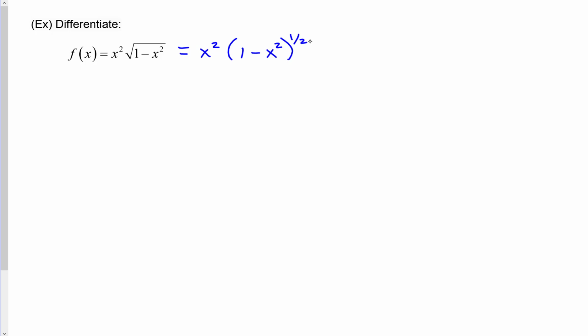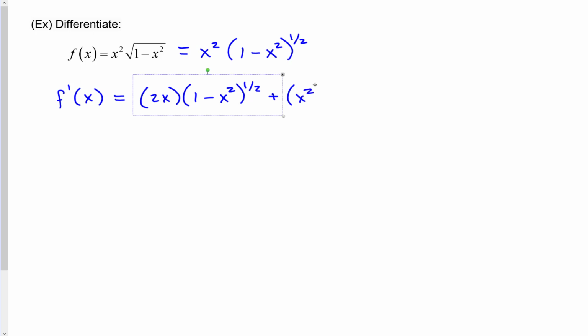Well, let's get started with the derivative first. So the derivative of a product, I'll take the derivative of my first function, so the derivative of x squared is 2x. And then I'll multiply it by the second function, so 1 minus x squared to the 1/2 power. And then it's plus the first times the derivative of the second.